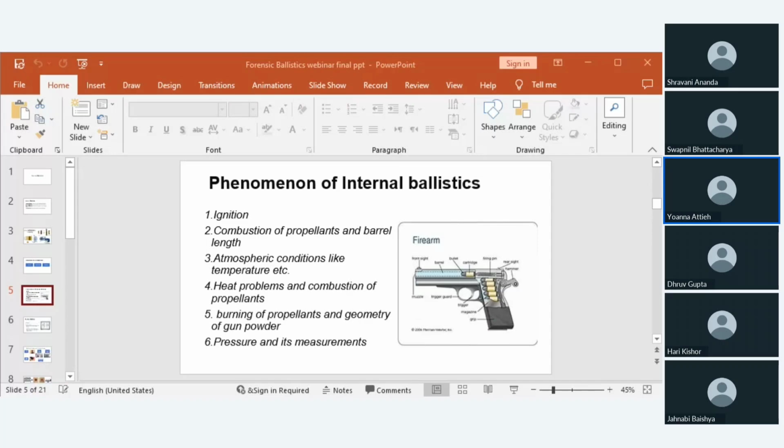Rifling inside the barrel causes the projectile to spin, which stabilizes its trajectory. While rifling doesn't directly impact the combustion process, it does influence how the gas pressure interacts with the projectile and helps maintain accuracy.